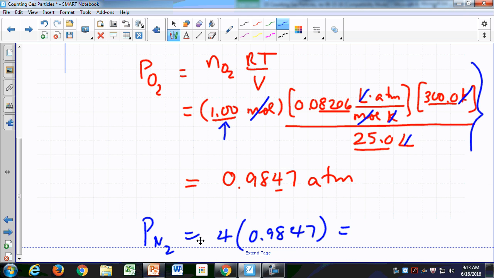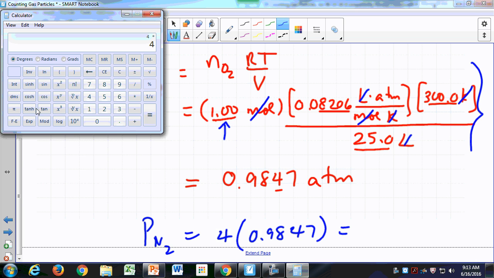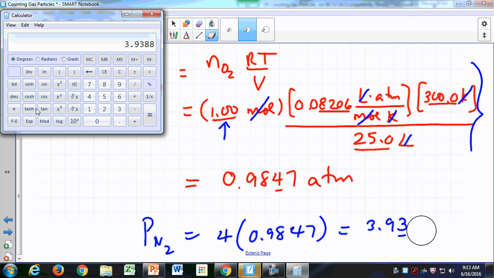So let's see what that is. 4 times 0.9847 would be 3.9388. So 4 sig figs, so 3.939, or 3 sig figs, 3.94 atmosphere.